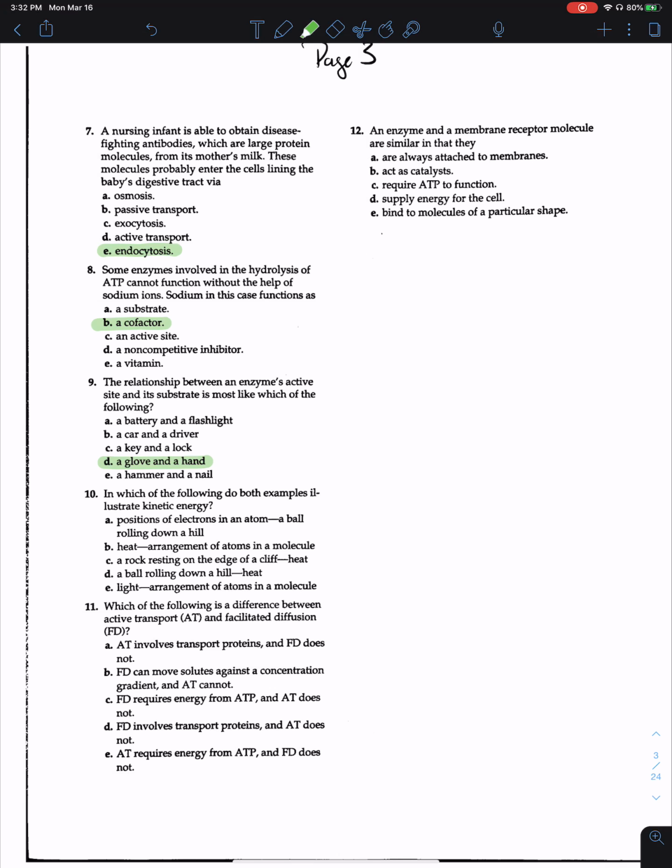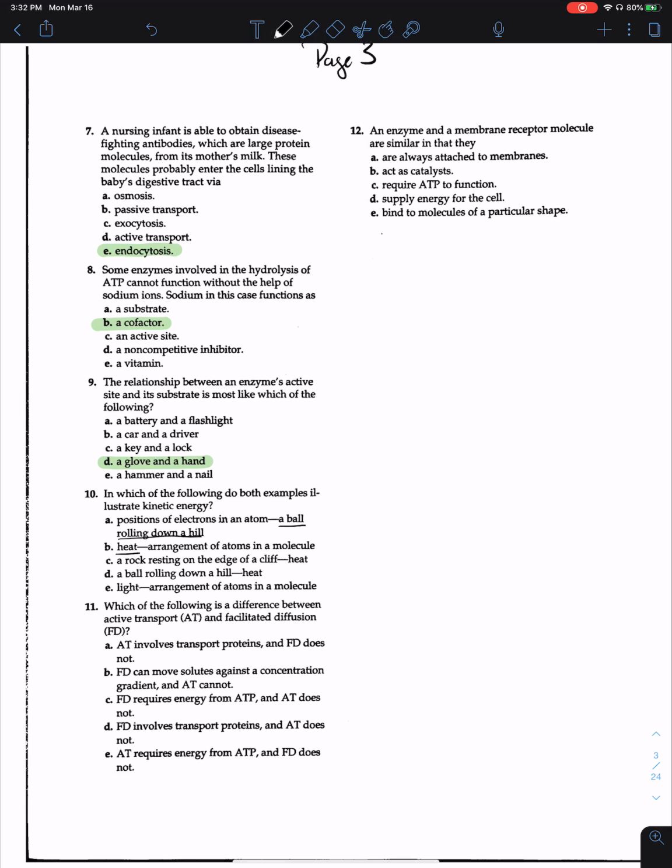For number 10, in which of the following do both examples illustrate kinetic energy? Okay, so kinetic energy, if you don't recall from physical science, or if you're in physics, perhaps you learned about this, possibly even in chemistry. But kinetic energy is energy that's in motion, energy that's actually being used. So for example, in option A here, a ball rolling down a hill is indeed an example of kinetic energy.